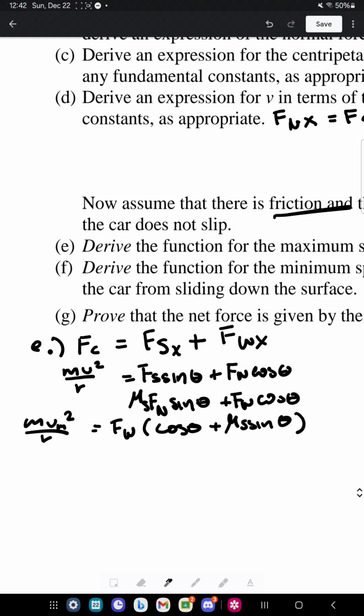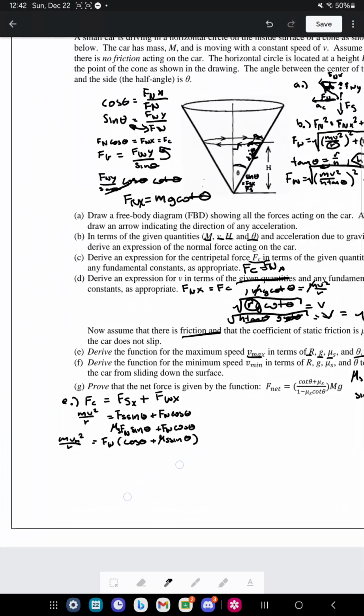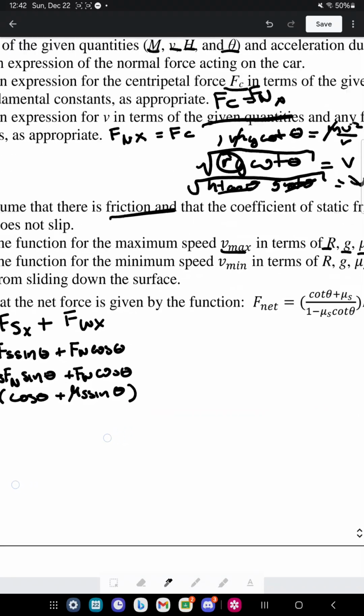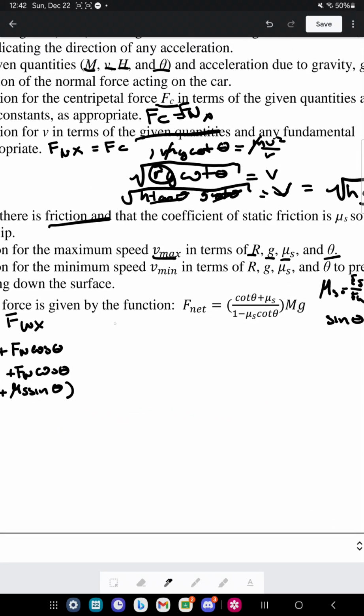The next step would be to solve for F of n, and let's see, I'm just going to say that since this isn't moving up or down, the F of n y, which is pointing upward, minus F of g, which is pointing down, and F of s y, which is also pointing down, equals 0.